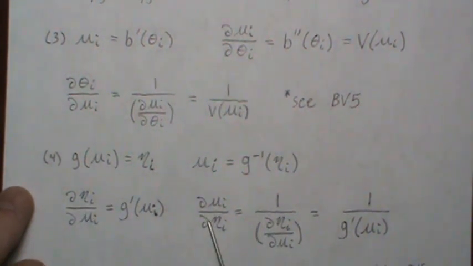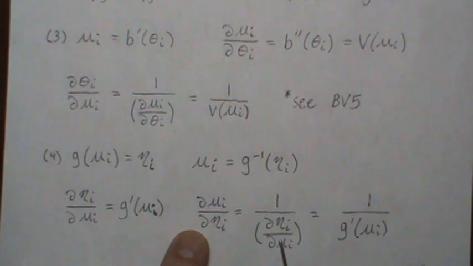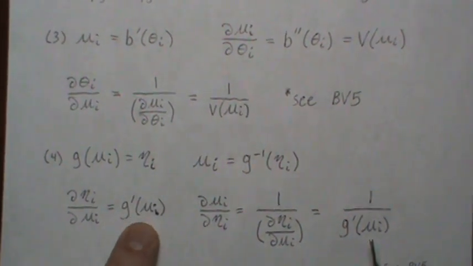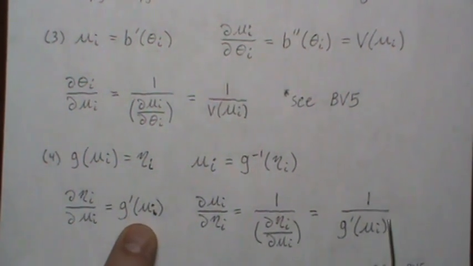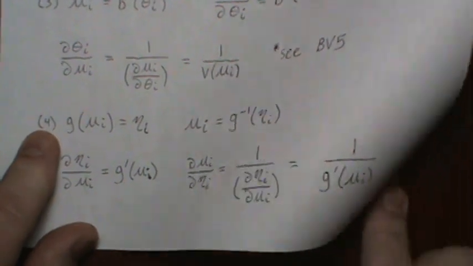And then to take this, it looks like the reciprocal of that. That's just 1 over the derivative of this, which we determined was the first derivative of the link function evaluated at mu_i. So we get this. And again, see BV5 for more details on taking derivatives of inverse functions.